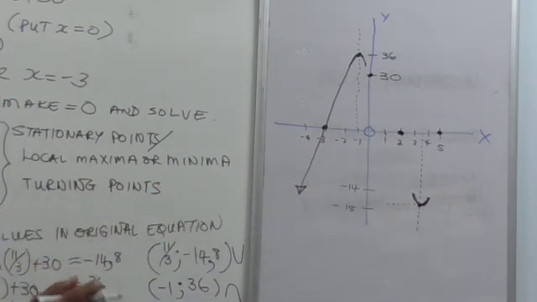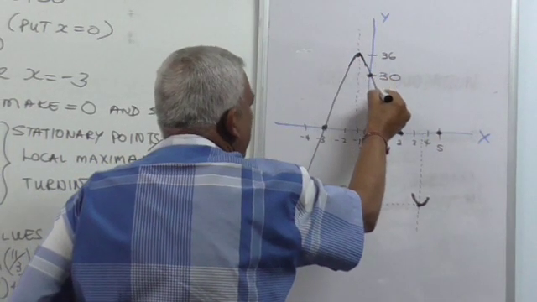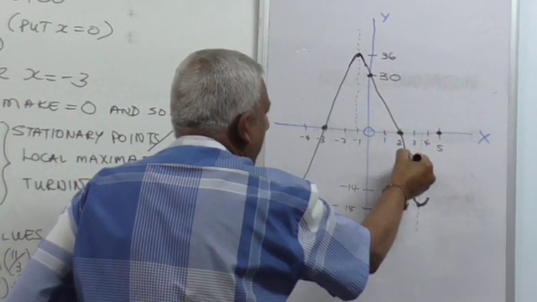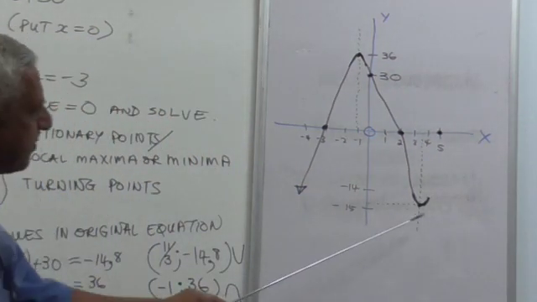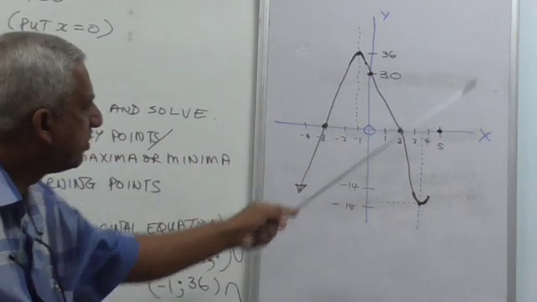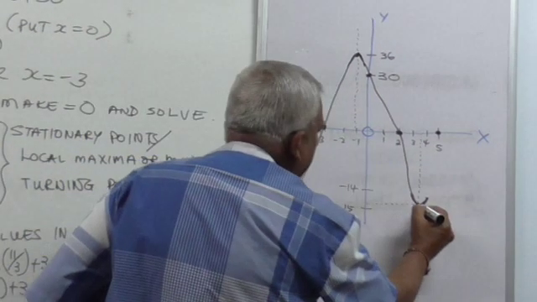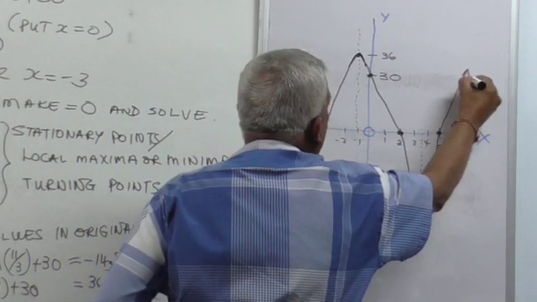So don't worry if it's a little bit wobbly, as long as you're going through the right points, going through -2, going there, right? And then from here it must go up, pass through 5 and go up there.